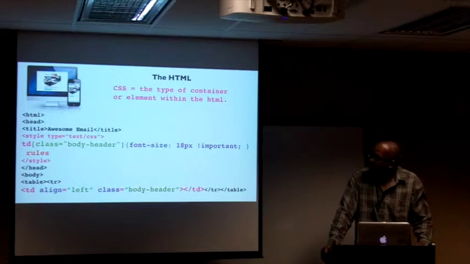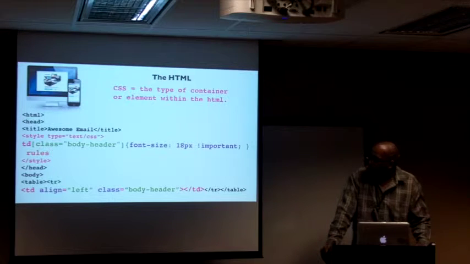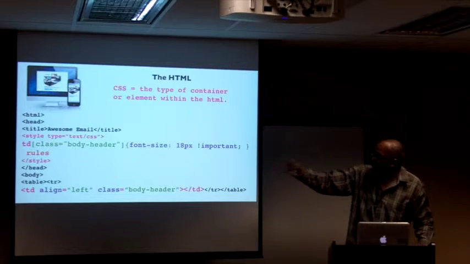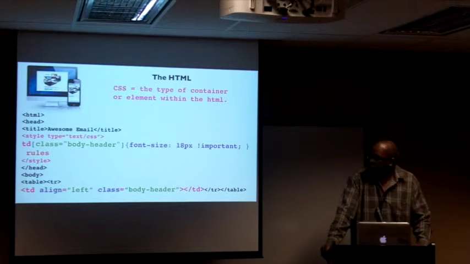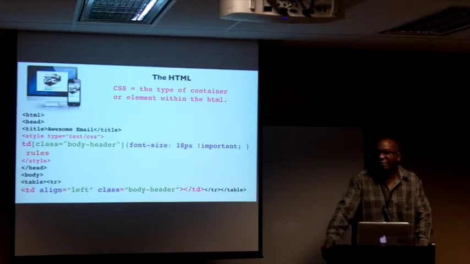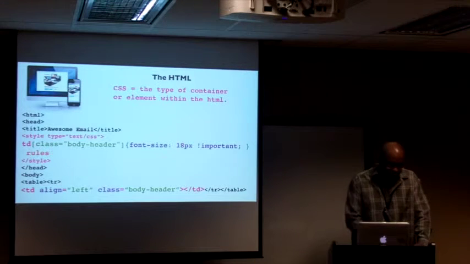You have the cell, the body header, font size, and then within the table itself, the body within the table, the table row, cell, you have the alignment, and the big thing is, of course, the TD is the cell and the class, body header. It's pretty straightforward. If you're a developer and you've done HTML5 in the past, yeah, pretty straightforward.